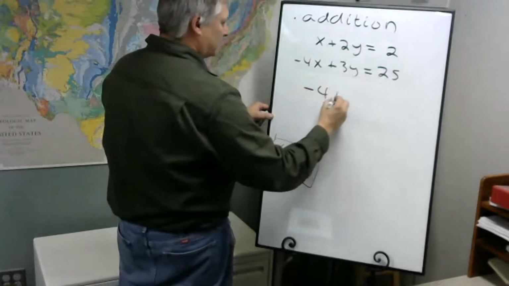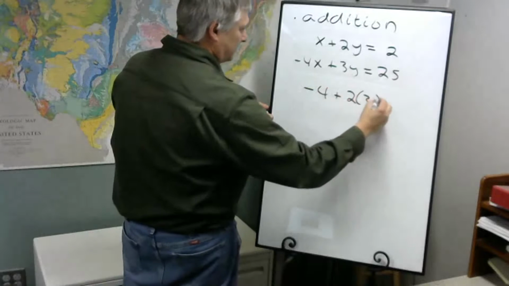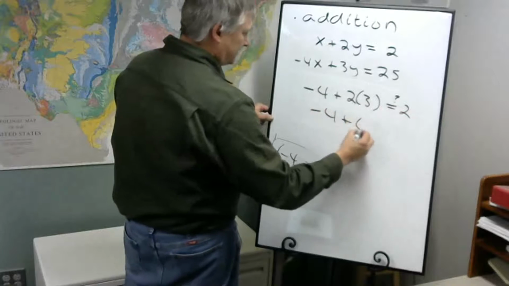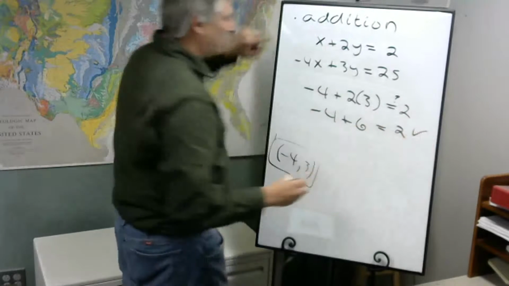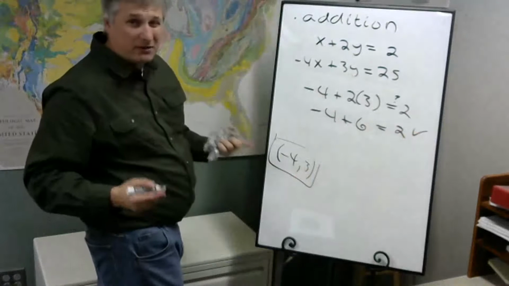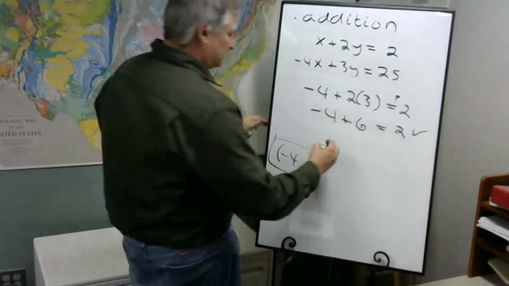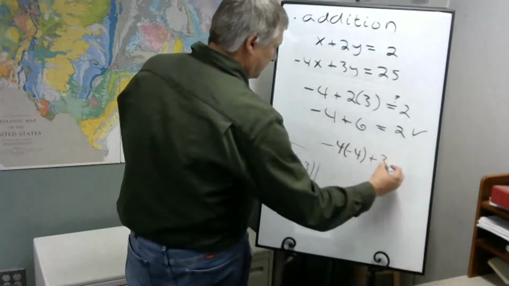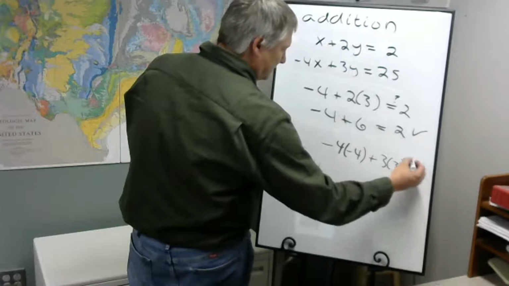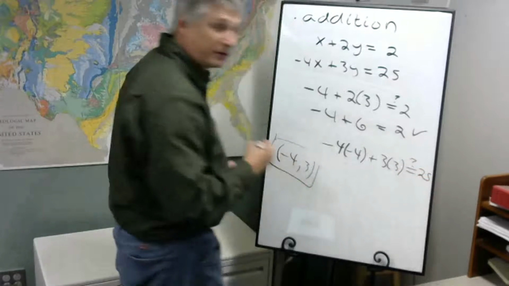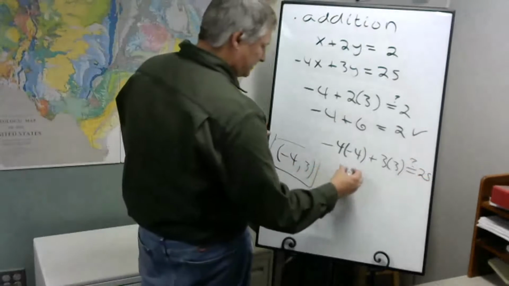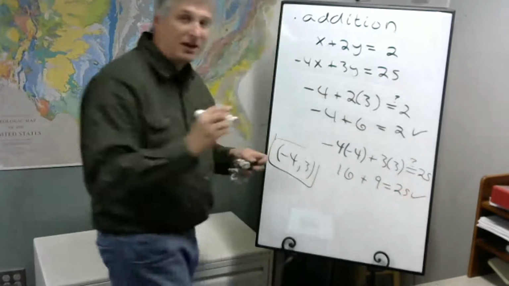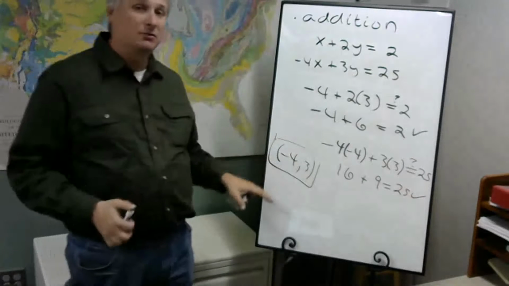So negative 4 plus 2 times 3, does this equal 2? We'll get negative 4 plus 6, and that does equal 2. So we're okay on the first equation, but we've got to be okay for both. This means negative 4 times negative 4 plus 3 times 3, does that equal 25? Or 16 plus 9, that does equal 25. So it checks out. So this is a solution to the system.